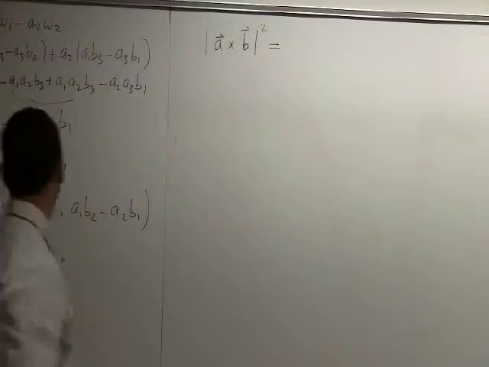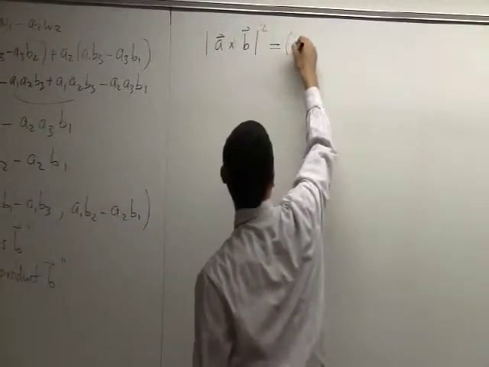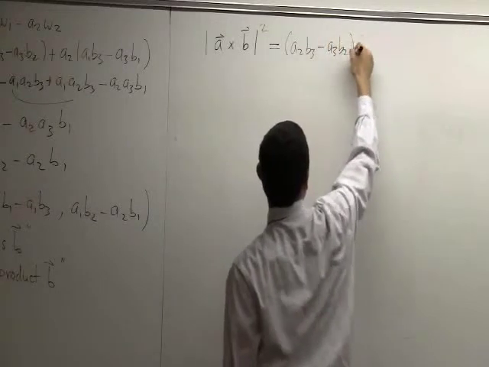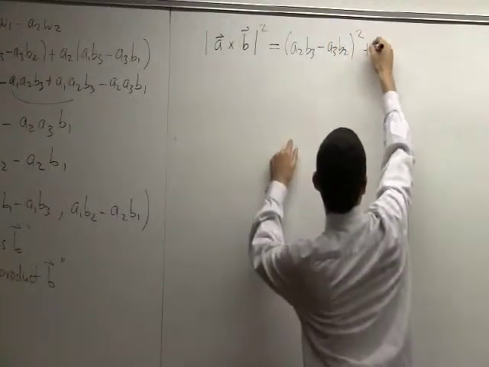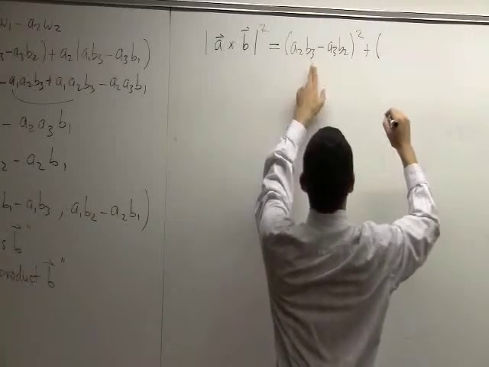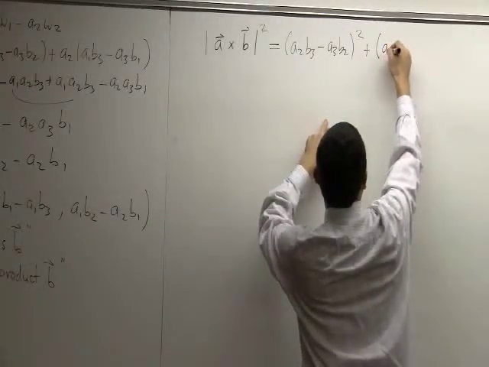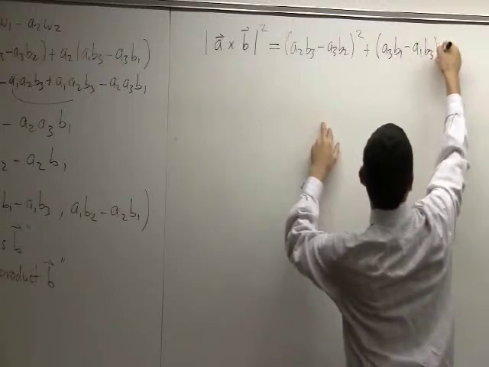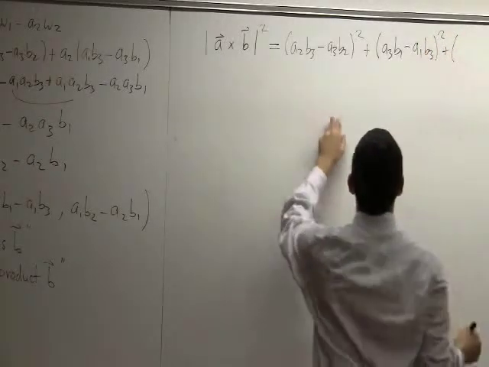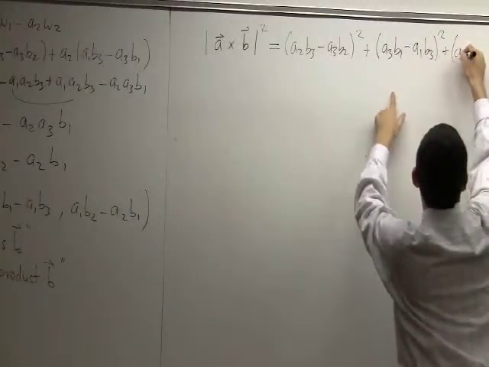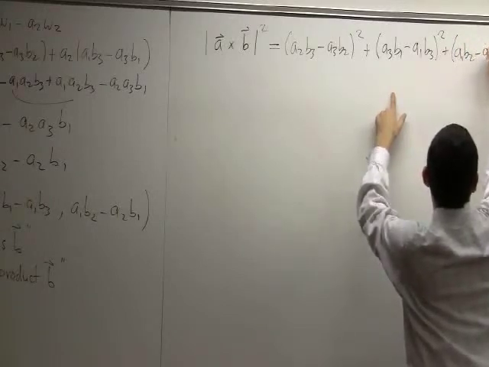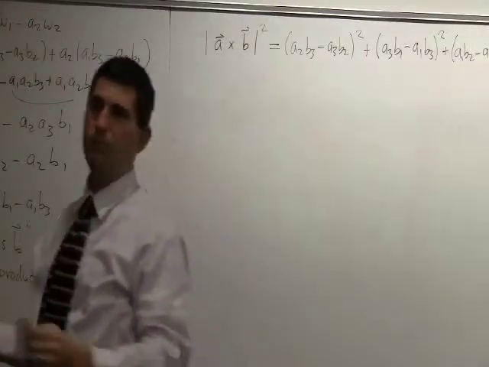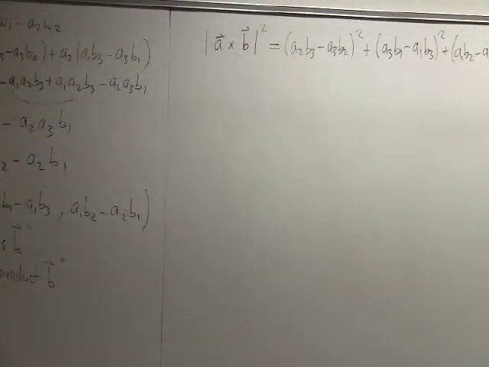Okay, so this is (A2B3 minus A3B2) squared plus, now let's see, I know I go 2 to 3, then 3 to 1. So (A3B1 minus A1B3) squared plus, and then I go 1 to 2. So (A1B2 minus A2B1) squared. Okay.